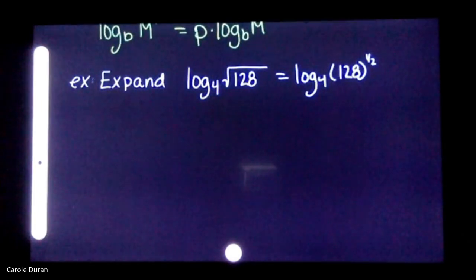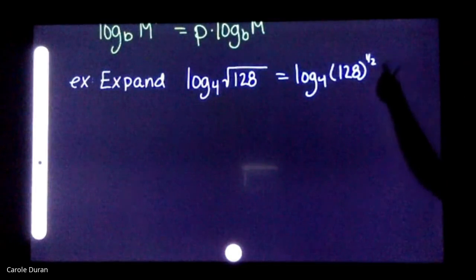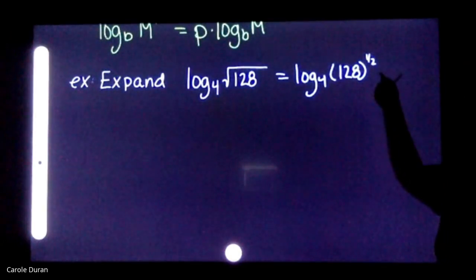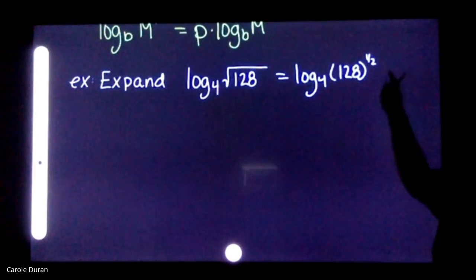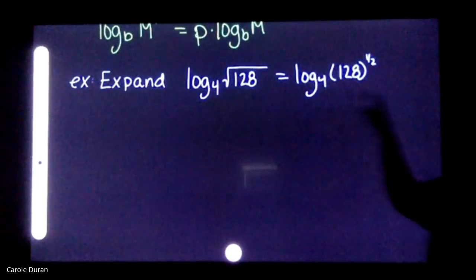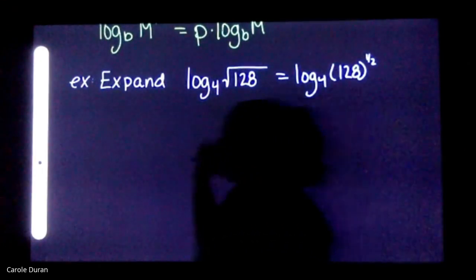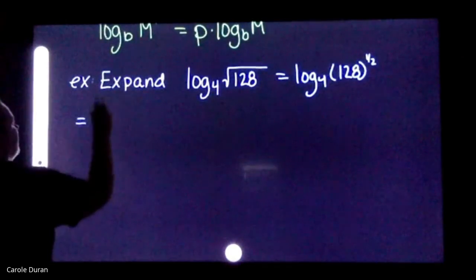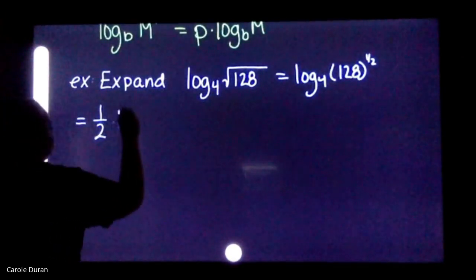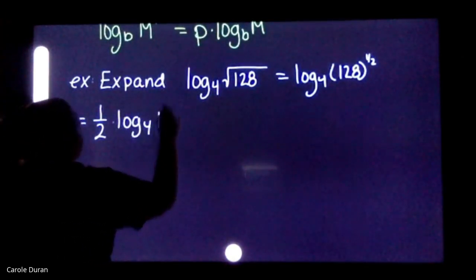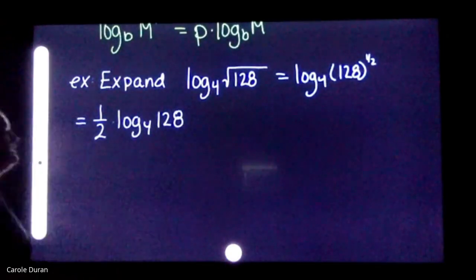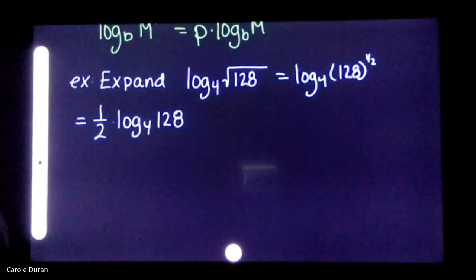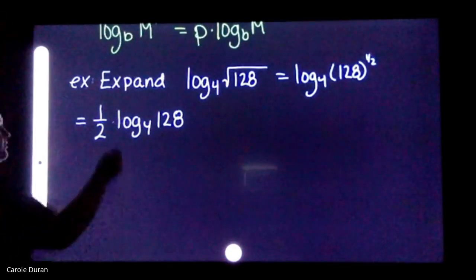I have a rule though that says if I have an exponent on whatever I'm taking the log of, I can bring that exponent out front and multiply it into the entire logarithm. So then this is the same as 1/2 times log base 4 of 128. Everyone okay with what I did there?